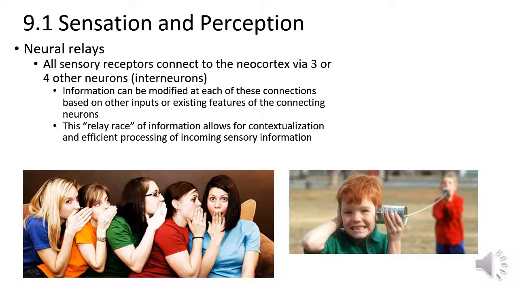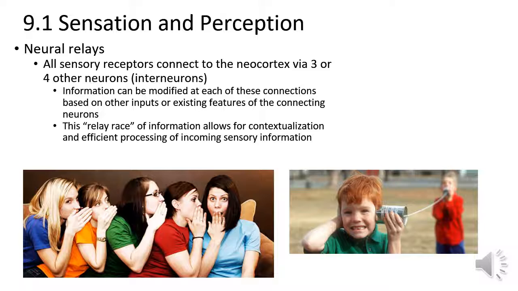Information is modified at each of these connections based on other inputs from the brain. The areas that the sensory receptors go through are also getting information from the neocortex, for example. And there are also existing features of these areas that change the information coming in from the connecting neuron.